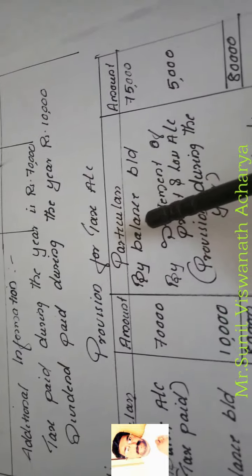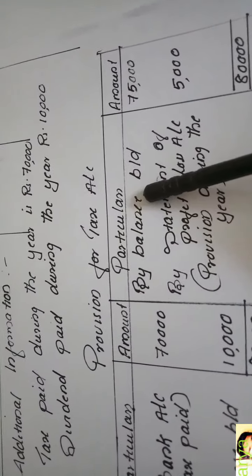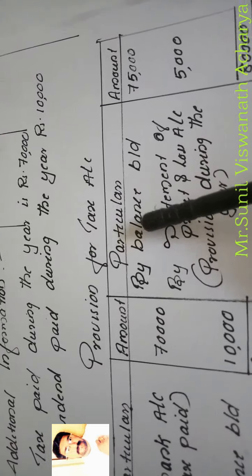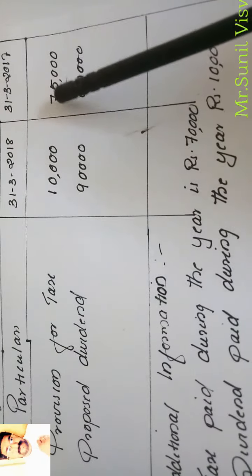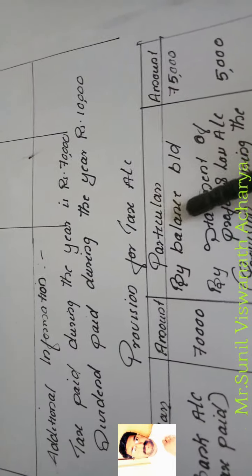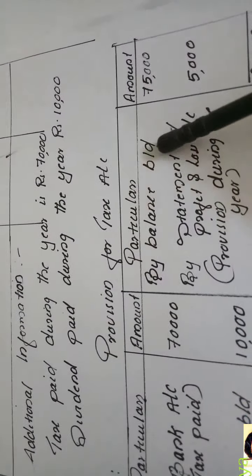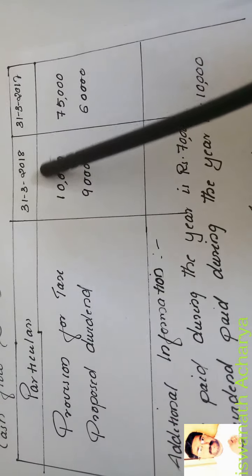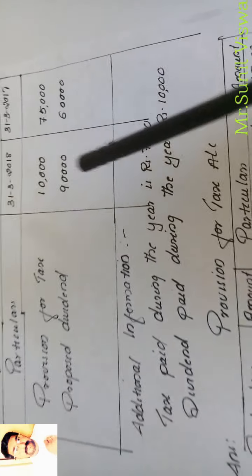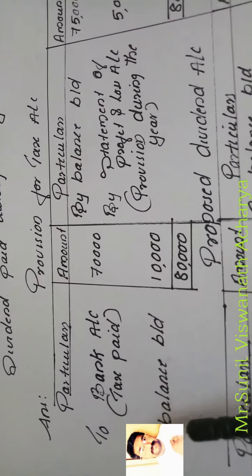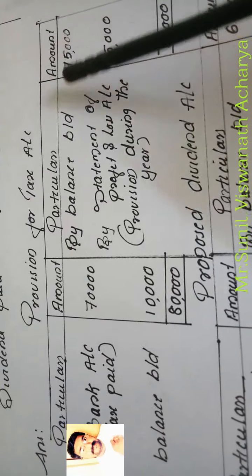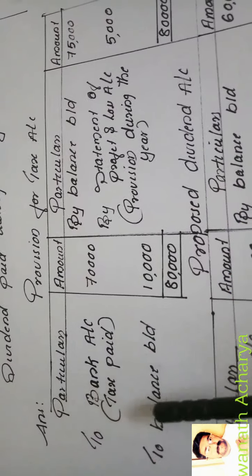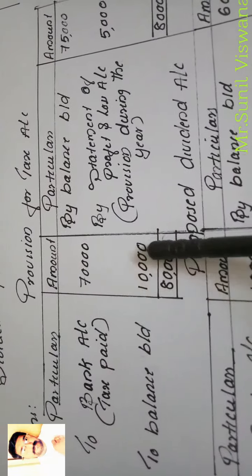Because it is a liability, we write the opening balance on the credit side as balance brought down, 75,000. Then the closing balance, the current year amount of 10,000, we write on the debit side as the last item, to balance carried down, 10,000.